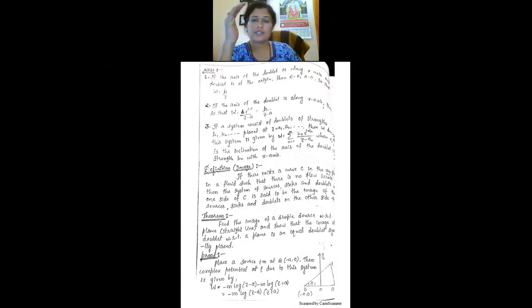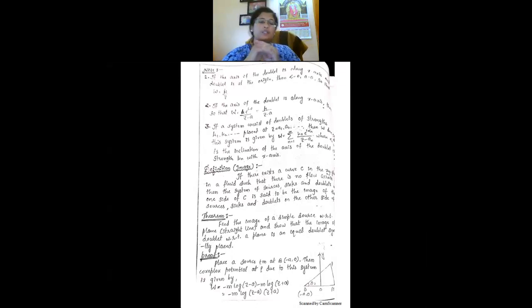So here also, if on one side of the curve you are keeping one source, then on the other side the same source will have its image also. So, if you want to write the complex potential for this curve, you have to consider the source and sink as well as their images on the other side of the curve. Then only it completes the total complex potential. Okay, that part we are going to discuss now.